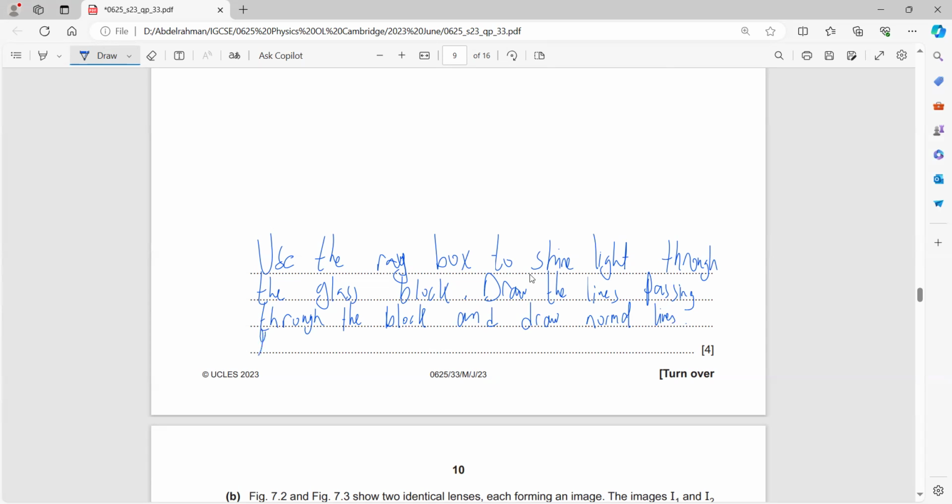Then measure the angle of incidence and angle of refraction using the protractor.